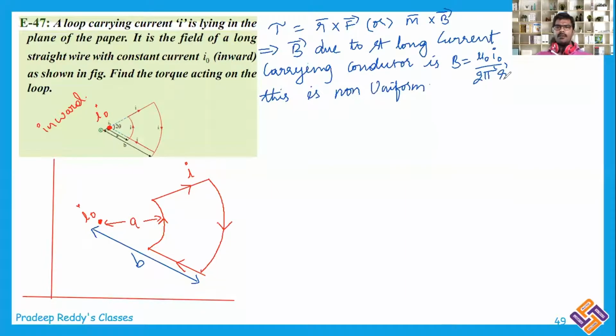Why is it non-uniform? Because this R value is not constant for the loop. Here the R value is A, and here the R value is B. R is not constant, so it is variable. Now whenever there is a variable magnetic field, you need to use the procedure of integration and differentiation.